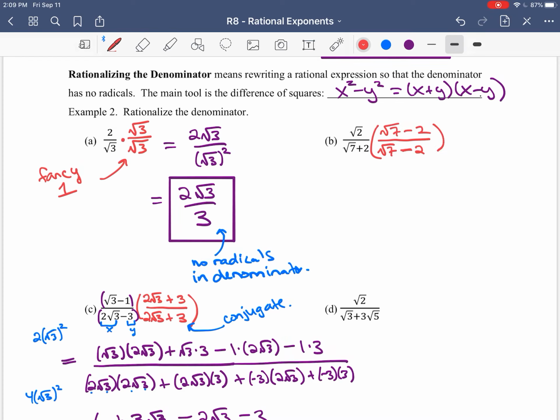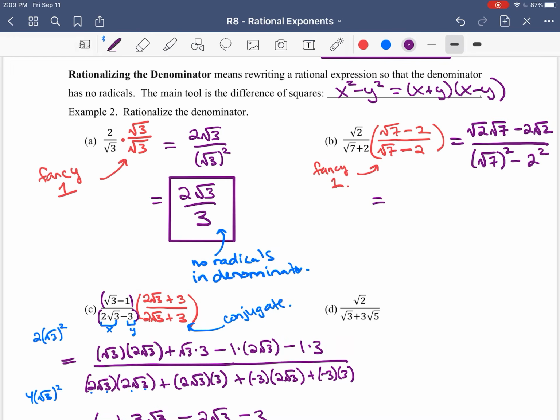Whatever I do to the top, I have to also do to the bottom, so that I'm multiplying by a fancy 1. Then when I expand, the root 2 goes in, so I have root 2 times root 7 minus 2 root 2, all over root 7 squared minus 2 squared.